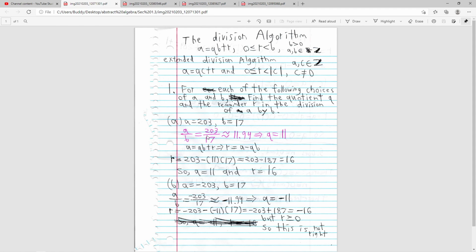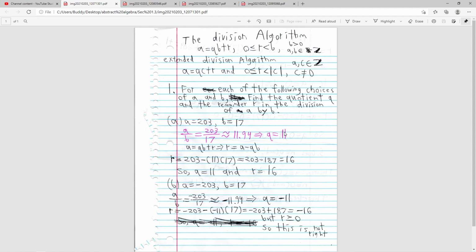So a divided by b: a equals 203, b equals 17 here. First we divide and get the decimal form, then we take the guess of q equals 11, because we're going to be adding on the remainder in the end. So might as well aim so that 11 times 17 will be a little bit less than 203.